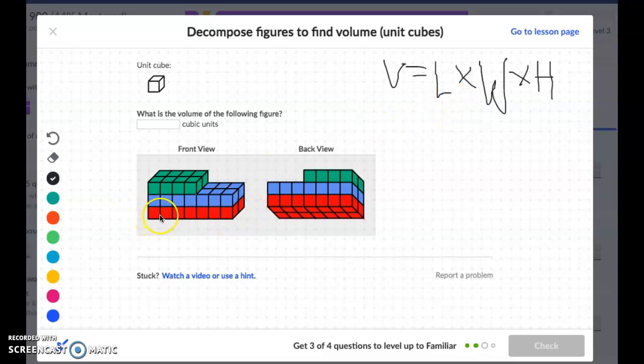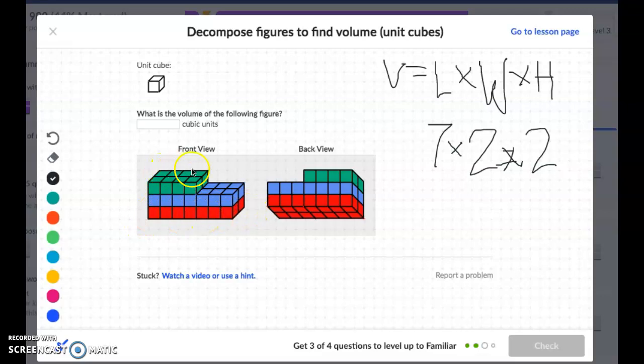So the length is 1, 2, 3, 4, 5, 6, 7. And my width, it goes back 1, 2. And my height is also 2. So 7 times 2 is 14, and then times that again would be 28. So just the blue and the red is 28.